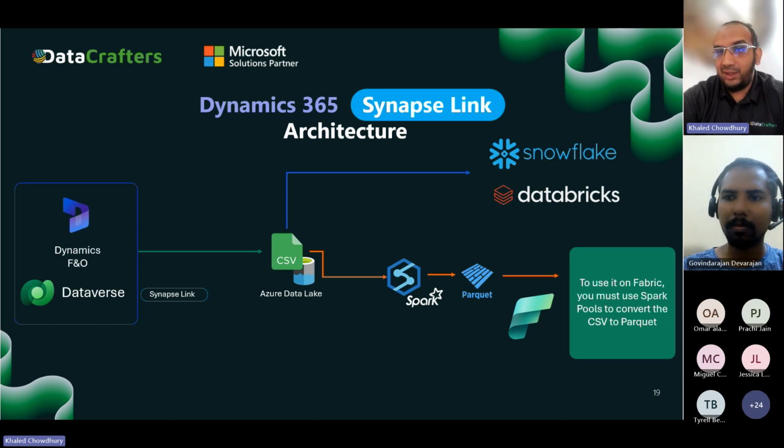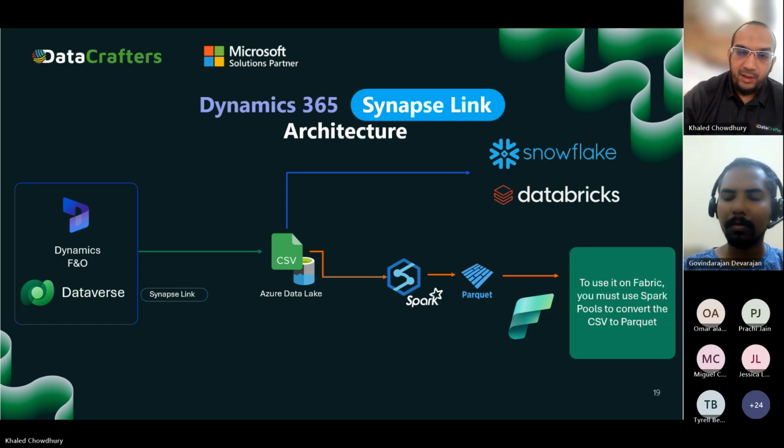You can technically use Fabric the same way, but you're still depending on CSV and not leveraging the Parquet format that's advantageous in the world of Fabric. So if you decide to use Fabric, you would have to run Spark pulls at your refresh intervals to make sure the data coming in CSV from Dynamics gets converted into Parquet, and then you can shortcut that into Fabric.